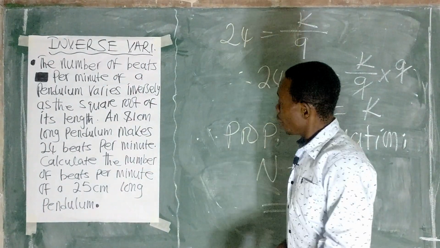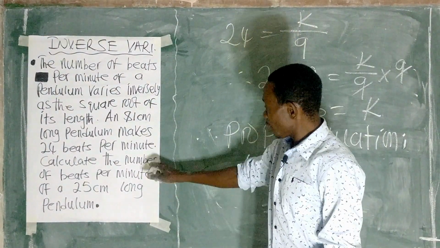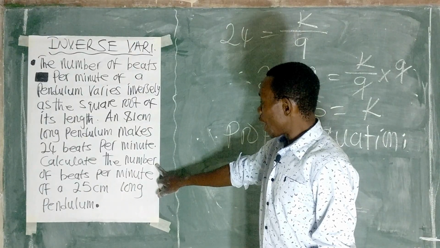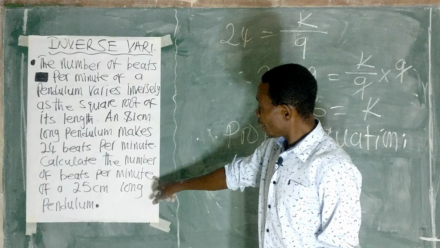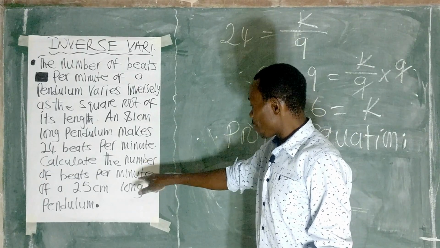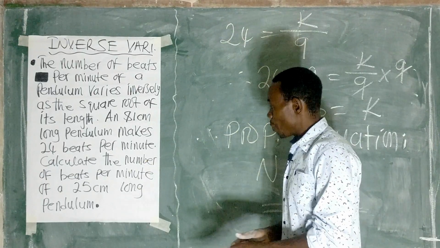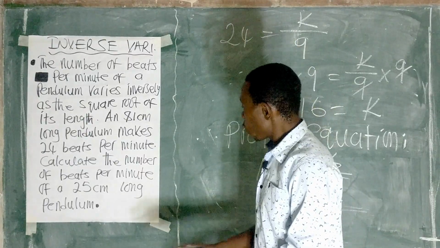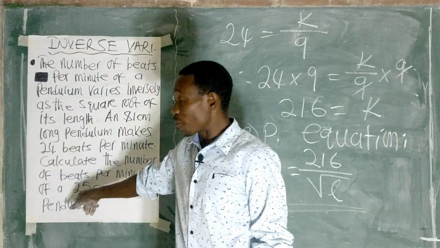Right, what next? Our question here pertains to the number of beats. We are asked to find the number of beats of a pendulum which is 25 centimeters long.